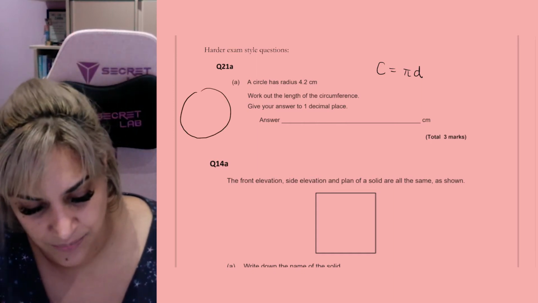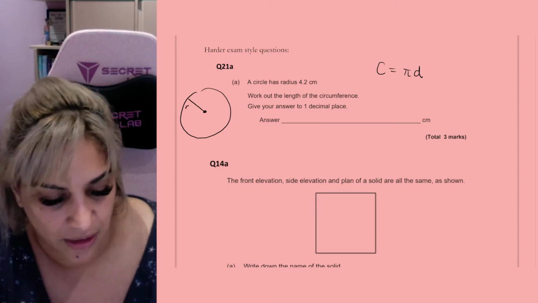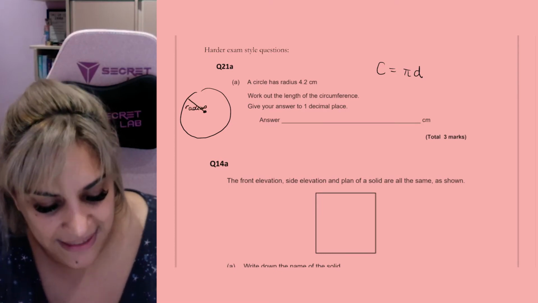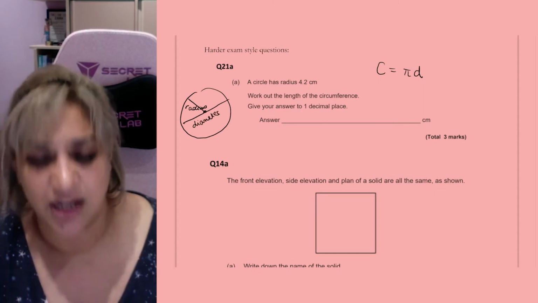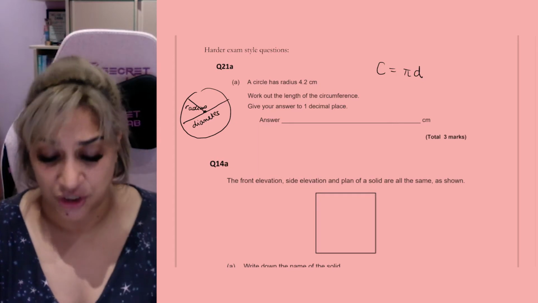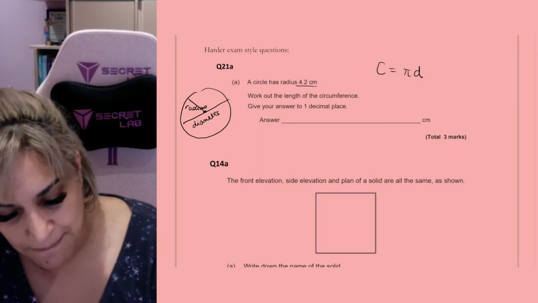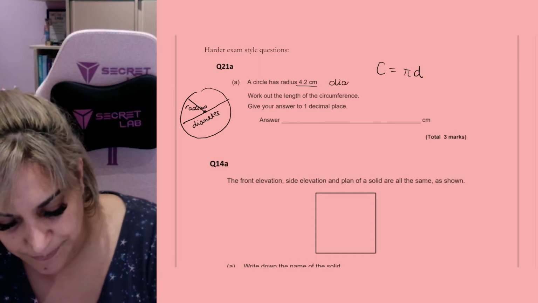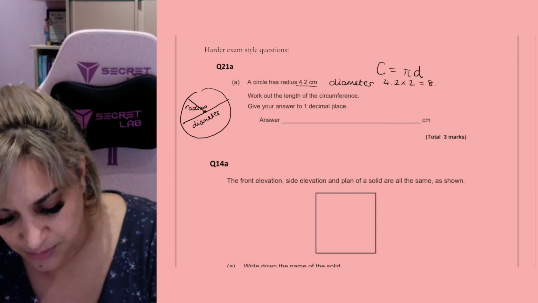We have our circle, the center to the edge is my r, or my radius, and double that is my diameter. And circumference means all the way around the edge. So if we know the radius is 4.2, the diameter is double that: 4.2 times 2, so 8.4.